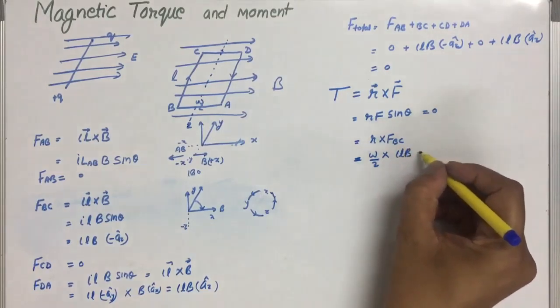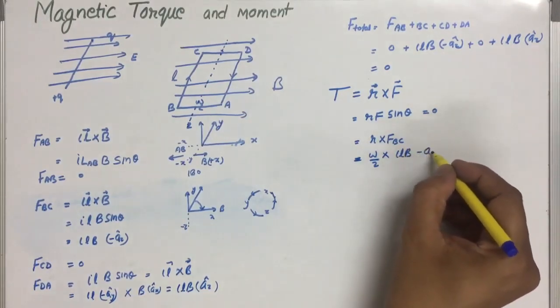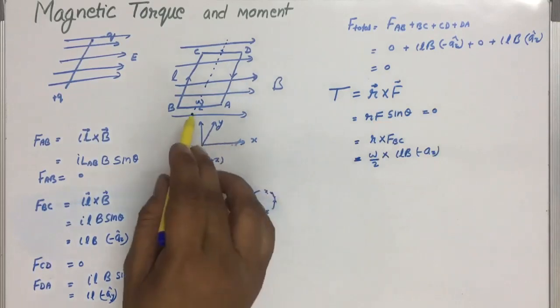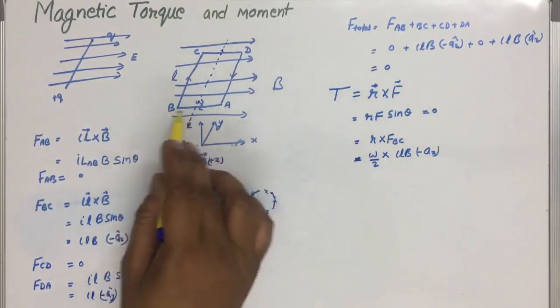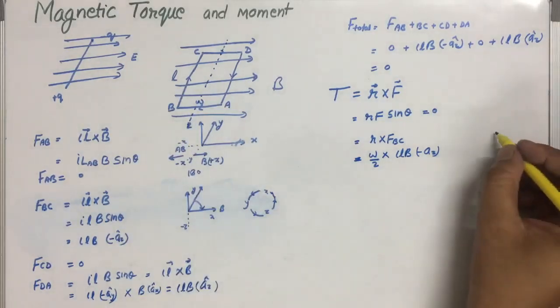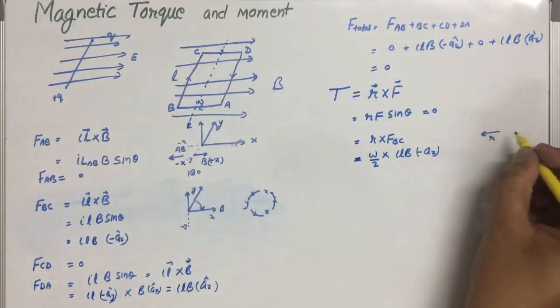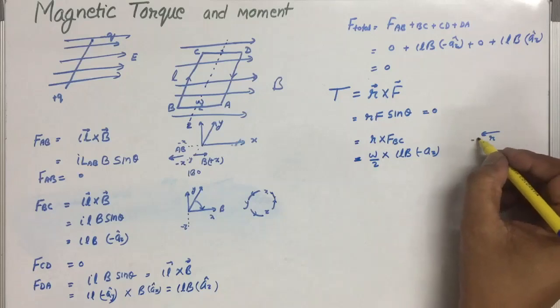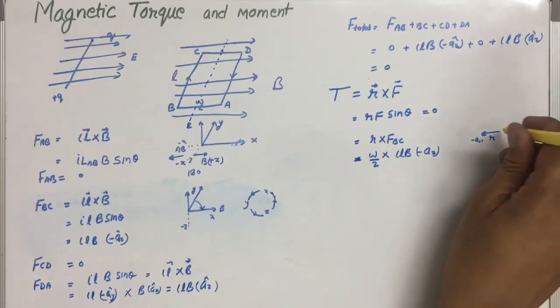So ILB in the direction of minus AZ, and R is in the direction of minus AX.